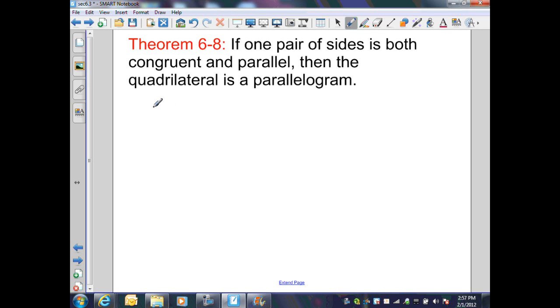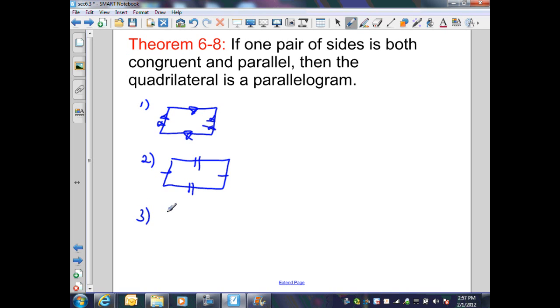On the previous slides, we know that opposite sides being parallel makes a parallelogram. That's the first slide that we looked at to prove a quadrilateral is a parallelogram. That's the first one. Number 2 is if I can prove opposite sides are congruent.